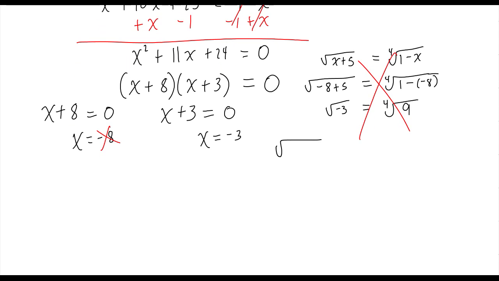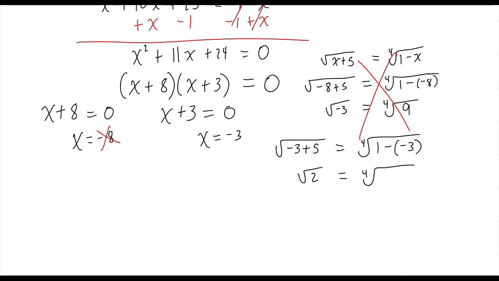So negative 3 plus 5 equals the fourth root of 1 minus negative 3. Well, negative 3 plus 5 is 2, so that's the square root of 2. Minus a negative 3 is plus 3, so that's going to be the fourth root of 4. Now the roots are kind of weird, so these might actually be equal to the same thing.